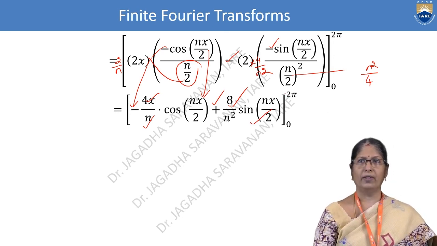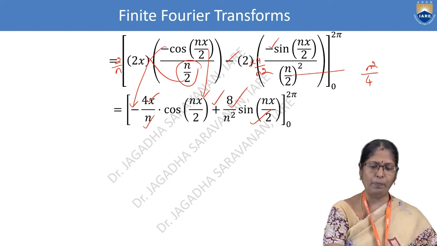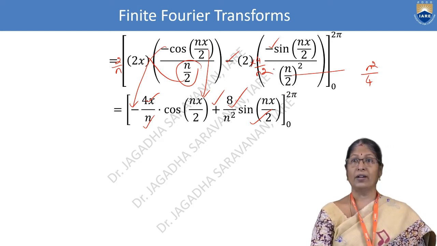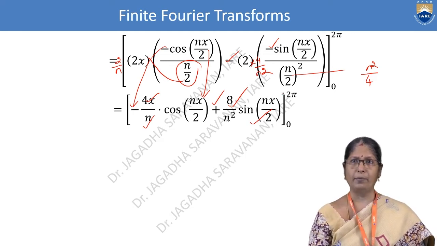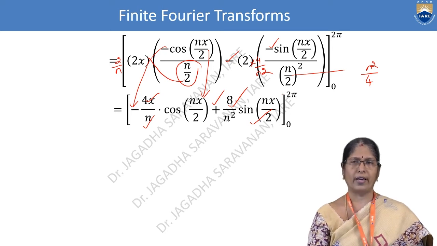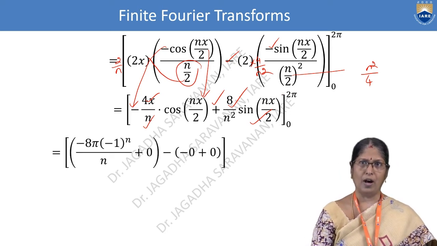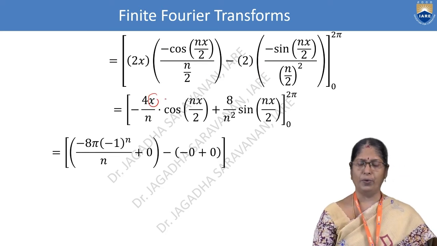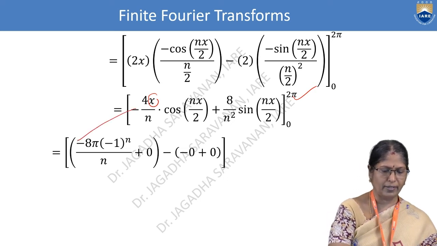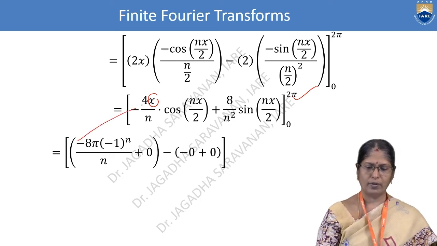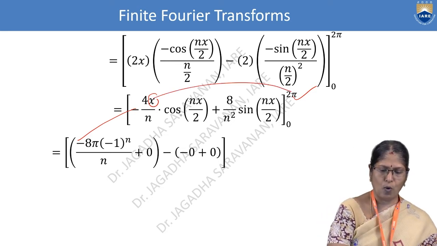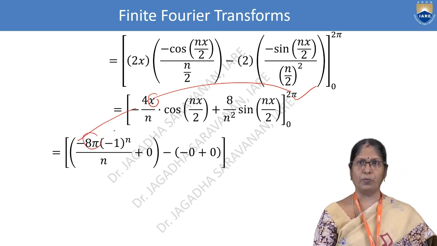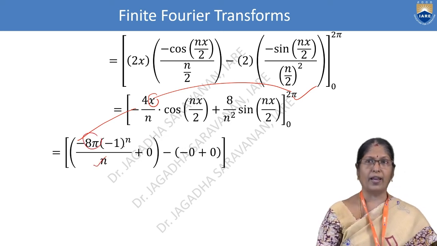Now, we will apply the simplifications regarding signs. After completion of that, if we apply the limits, there is no room for careless mistakes. Now, x is going to take the upper limit value 2 pi. This minus is here, 4. X is taking the value 2 pi. So, 4 into 2 pi is nothing but 8 pi, 8 pi by n.